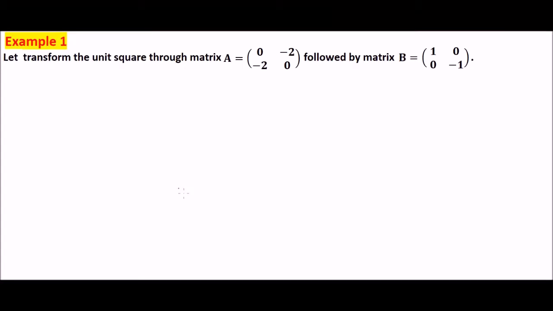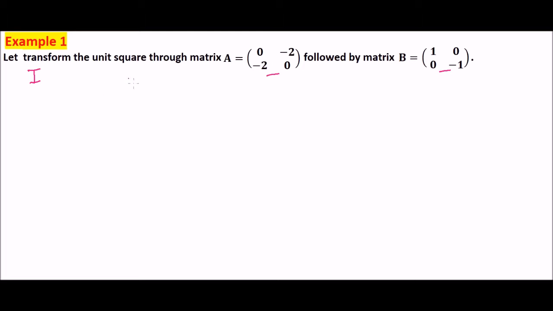Let us do an example. Transform the unit square through matrix A, which is 0, minus 2, minus 2, 0, followed by matrix 1, 0, 0, minus 1, and see what happens. But before we do that, let's call our unit square I. When you are transforming, we normally follow this order.